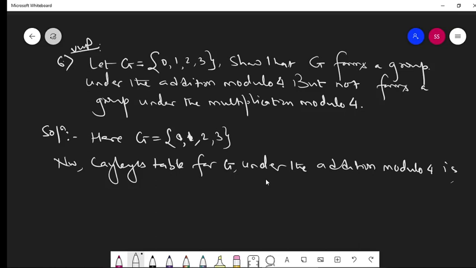Now we have to verify the four properties. First, the closure axiom.